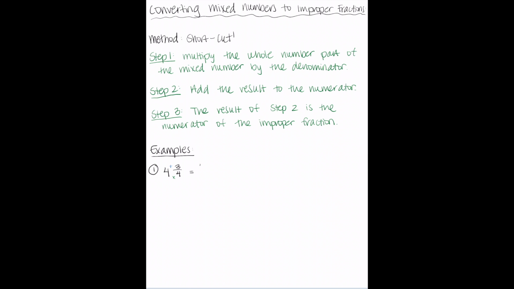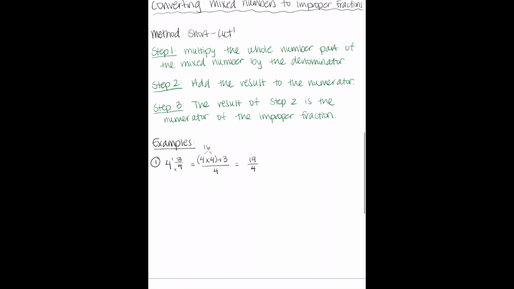So we have 4 times 4, and then we're going to add 3 to that, and our denominator is going to carry through, which is 4. I'm writing it out the long way for this first one so we can really see what happens. We do 4 times 4, we get 16. We add 3 more, we get 19. That is it. That's all we do for converting mixed numbers to improper fractions.